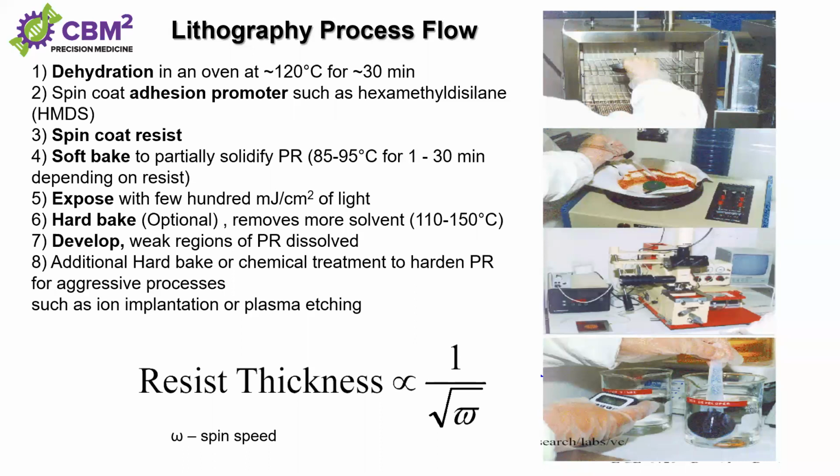After exposure, sometimes you do hard baking, again to remove more solvent, and then you develop the weak regions of the photoresist layer by putting your entire substrate into a developer. In many cases, after you complete the photolithography process, you put your patterned substrate on a hot plate for an additional hard baking process.